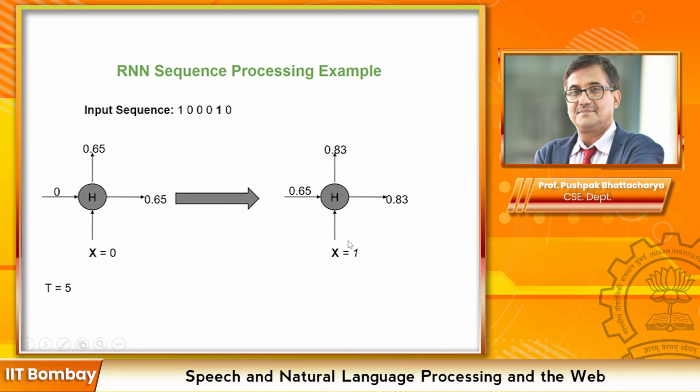Next stage, the input is 1, 0.65 fed back. Output is 0.83. Finally, input 0, 0.83 fed back, 0.69 comes out as the output. And therefore, the output sequence will be 0.73, 0.67, 0.66, 0.65, 0.83, 0.69.